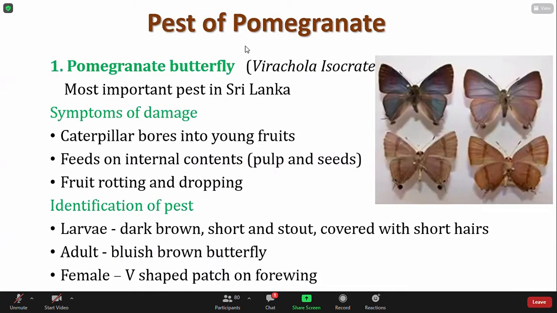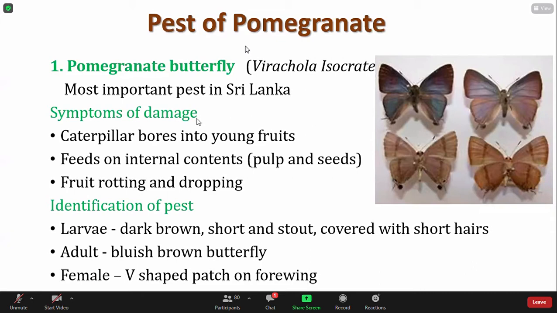Pest of pomegranate, the first one is the pomegranate butterfly. This is a very important pest in Sri Lanka. You can observe this in the home gardens and the cultivated areas. This is called the blue butterfly, and this has a unique identification.